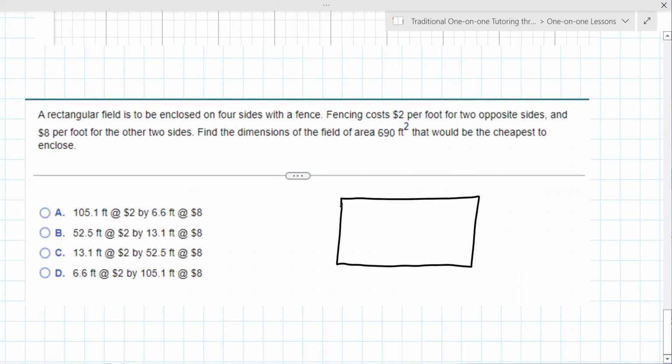Fencing costs $2 per foot for 2 opposite sides, and $8 per foot on the other 2 sides. Find the dimensions of the field of area 690 feet squared that would be the cheapest to enclose. So I'm gonna use standard measurements X and Y, and the area is X times Y, but the area is given, so 690 equals X times Y.